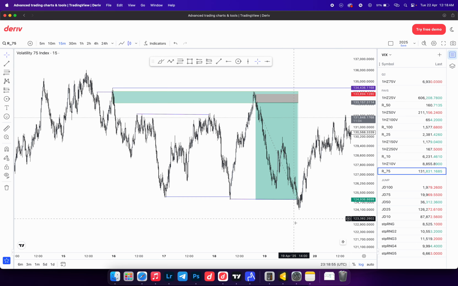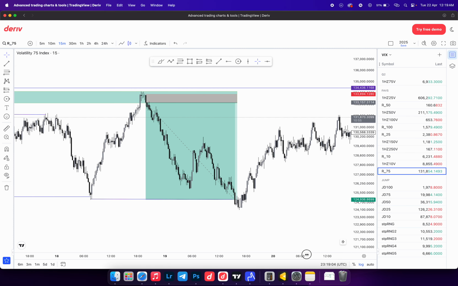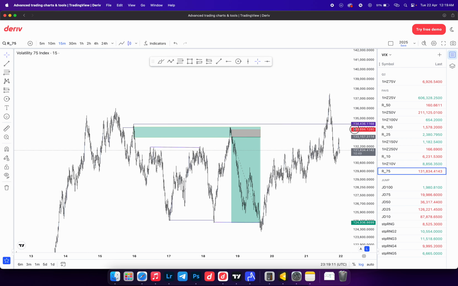You're just targeting the next low. And after price matched the next low, it gave us this massive buys to the upside.